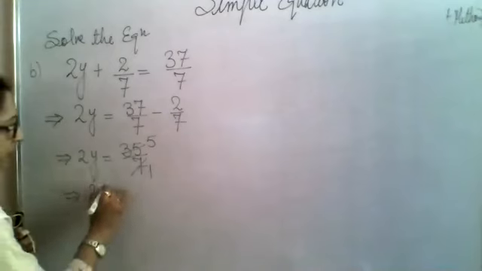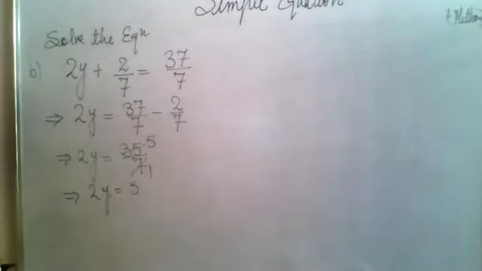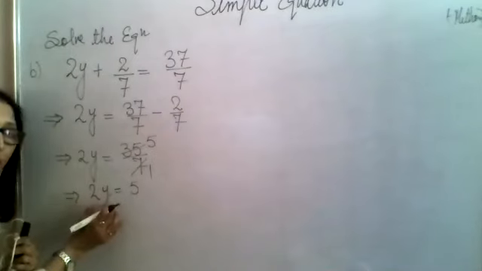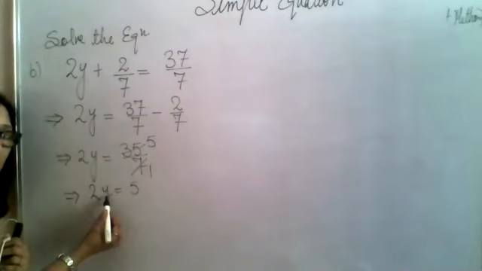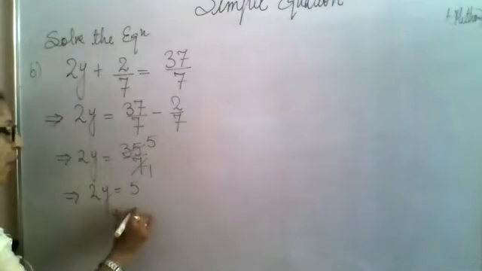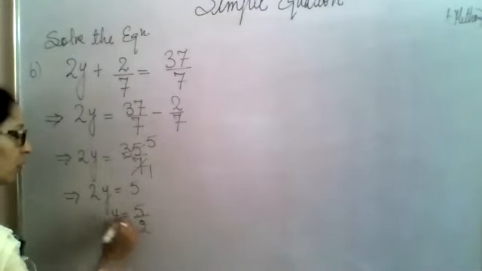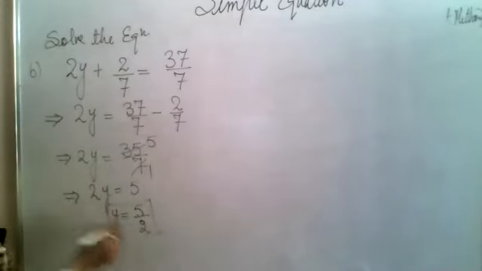So what is left? 2y equal to 5. But you have to find out value of variable. Relation between variable and coefficient is multiply. So it will go in divide. So your final value will be 5 upon 2. You cannot cancel it. So you will stop there.